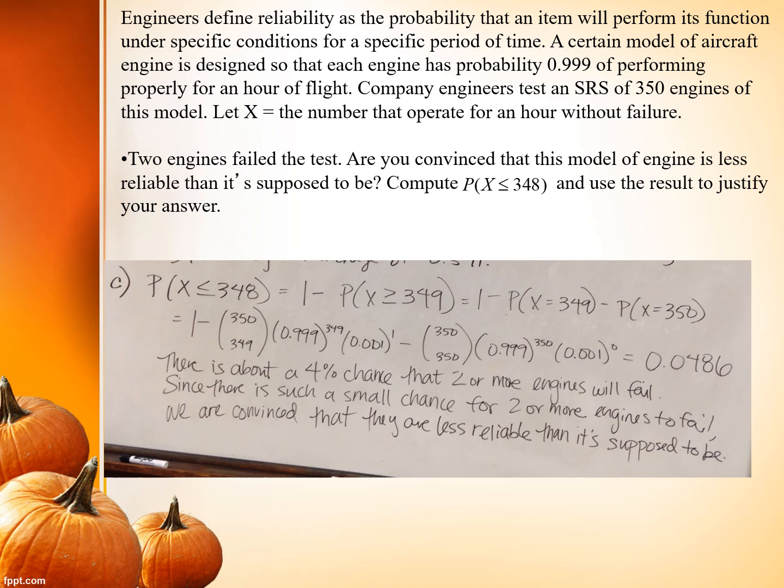Since that's such a small chance for 2 or more engines to fail, we are convinced that they're less reliable than they're supposed to be. Meaning that if they're true about these numbers and this probability, then there's no way that this could happen, but it happened anyway. So liar, liar, pants on fire, they are lying to us, and their claim is probably incorrect.